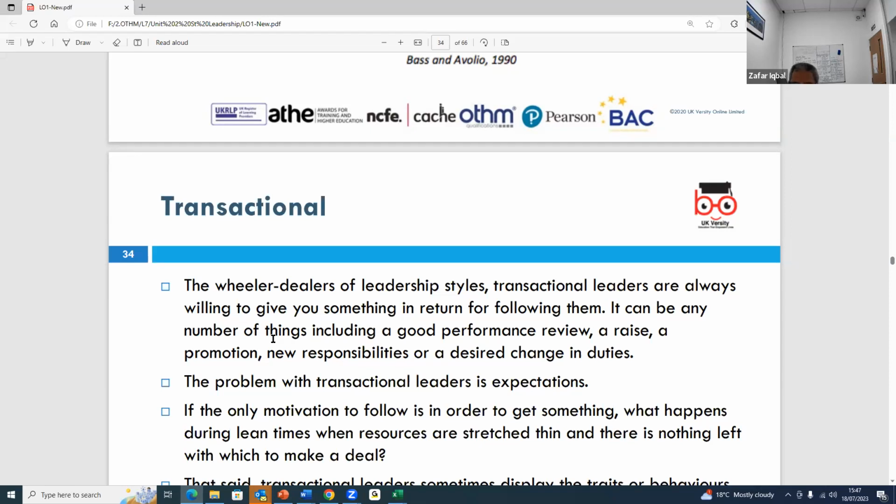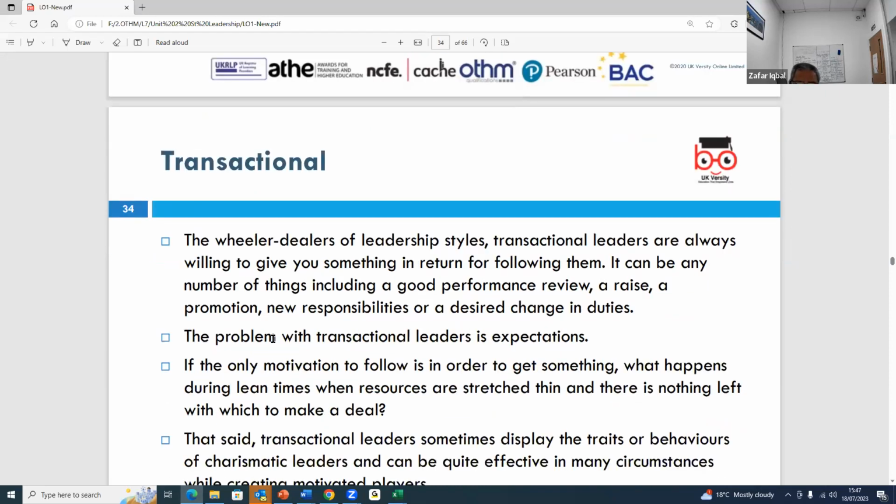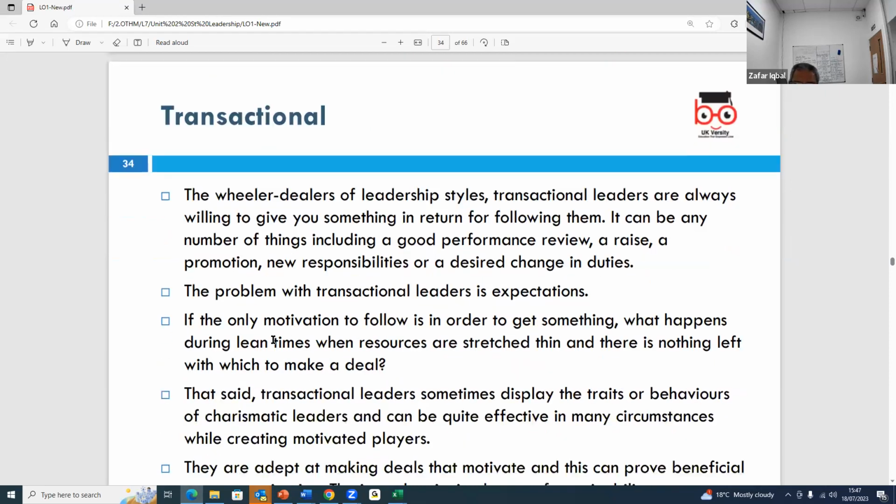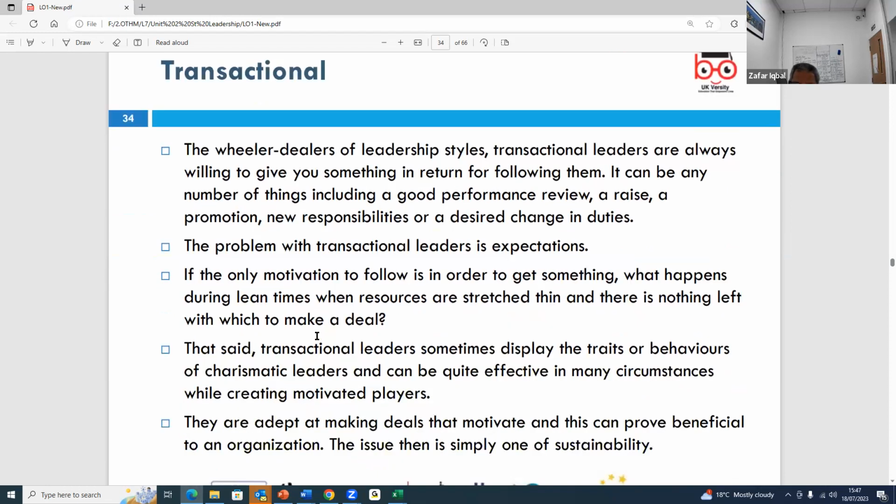The problem with this type of leadership is that it is only motivation. The problem is the transactional leader's expectations. They expect too much, and if they get something wrong, there is nothing left to make a good deal or to make it correct.